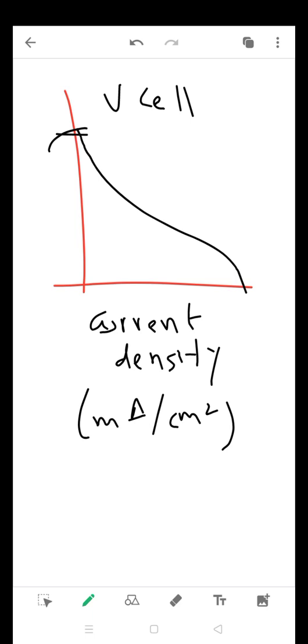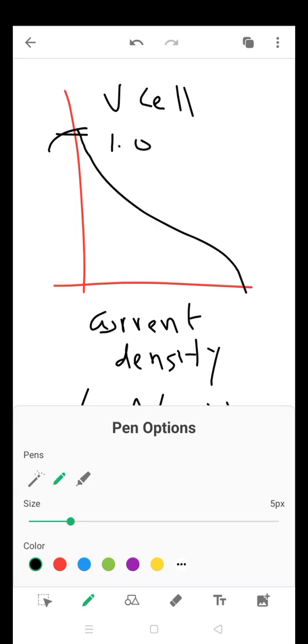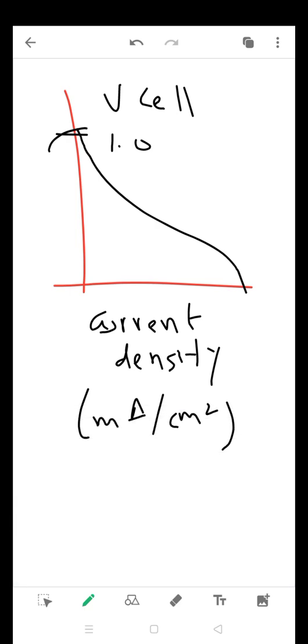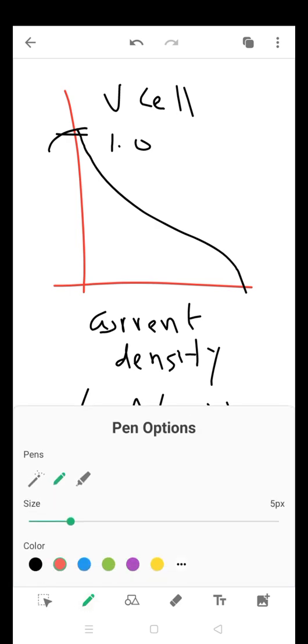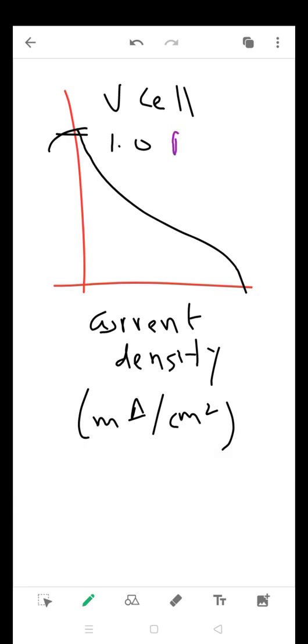We take the full voltage as 1.0. This is where the activation polarization takes place, at the higher voltage and lower current densities. So this is 200 to say 600.